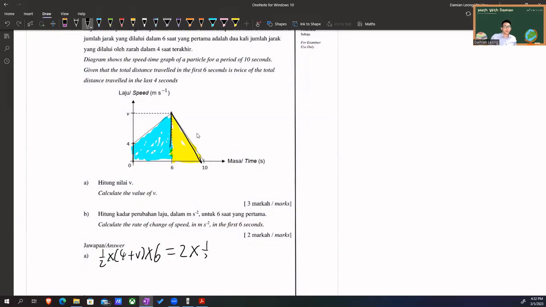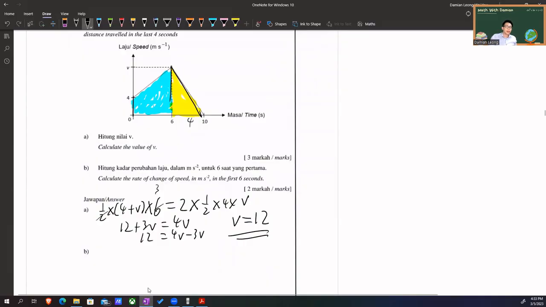Half times base times height. Base is from 6 to 10, which is 4. Height from 6 to V. So half times 6, I cut 3 times in 12 plus 3V equals 4V. Bring over the 3V, plus opposite minus. So V is 12.